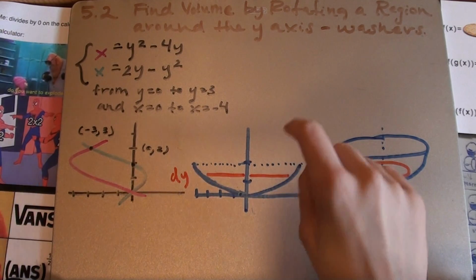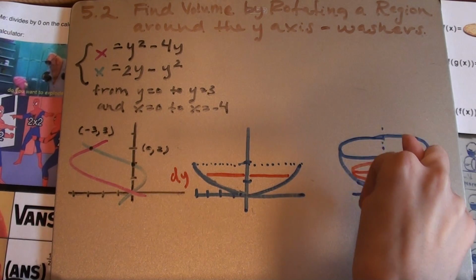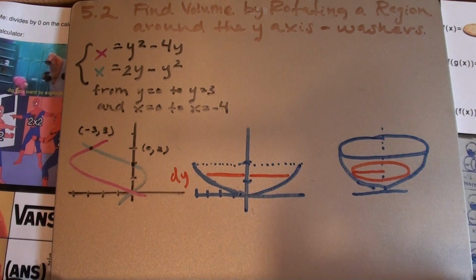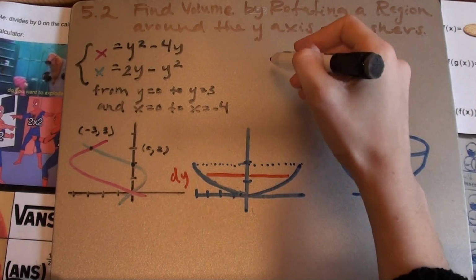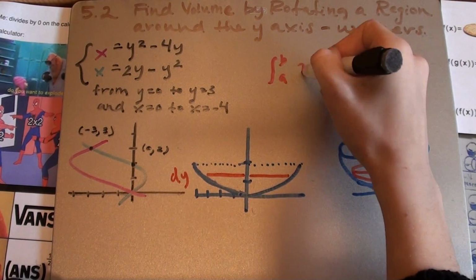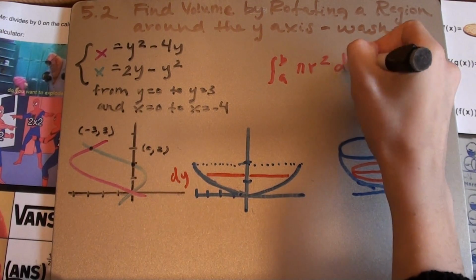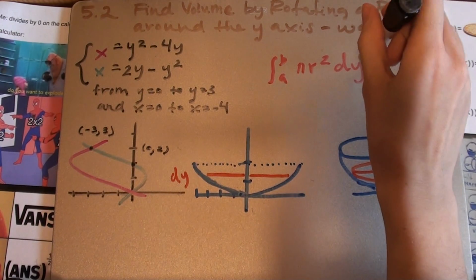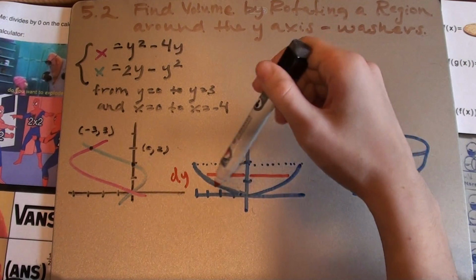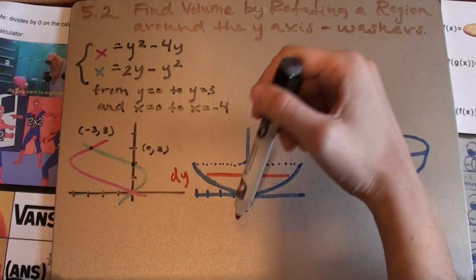Because what we're doing is we're creating infinitely small discs in here, and we're finding the volume of each of those individual discs within our region to find the volume of our total shape. So in order to do that, we take the integral from our bounds a to b of pi r squared dy. And remember, we're in dy because we are rotating around the y-axis, and our rectangles are perpendicular to our axis.